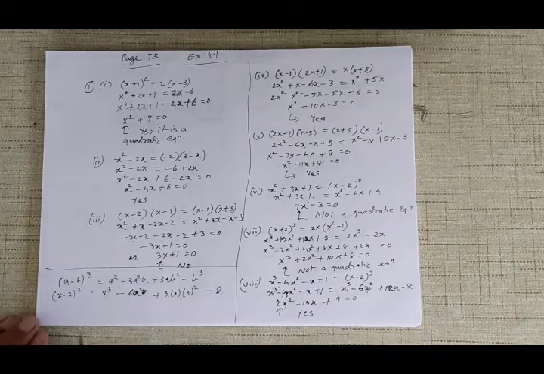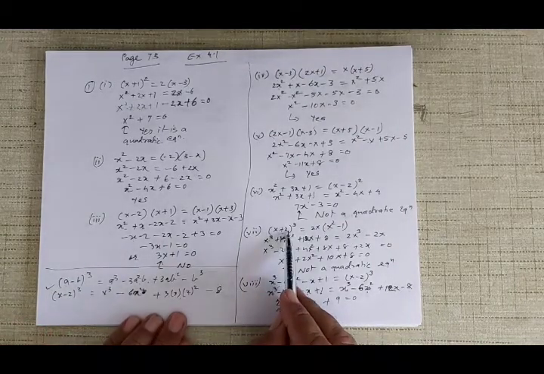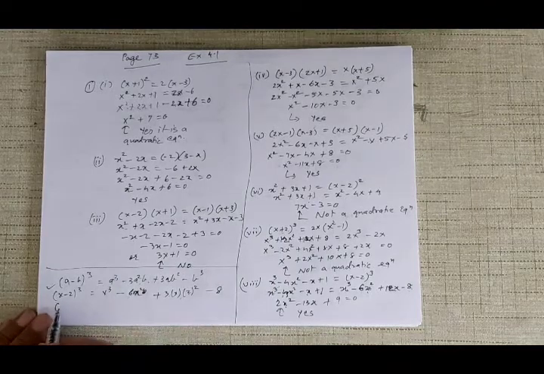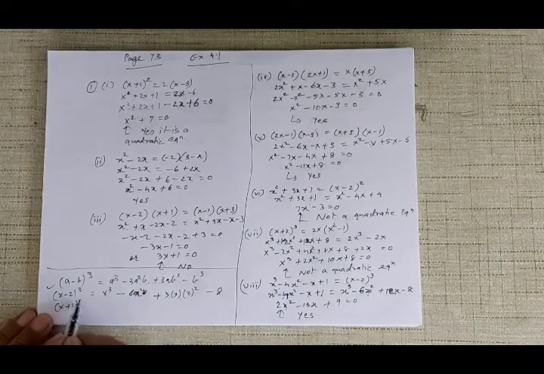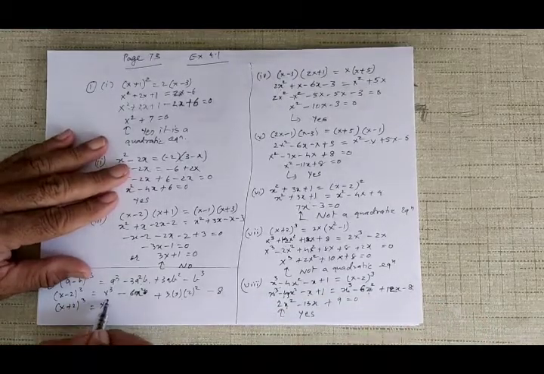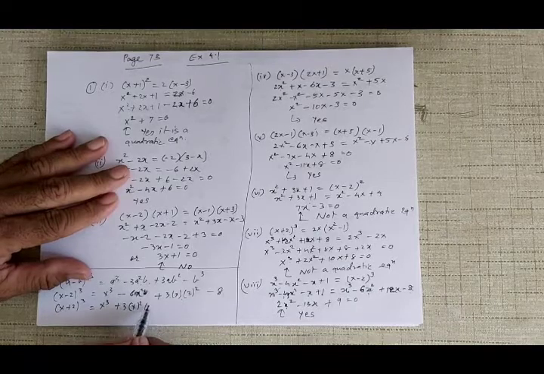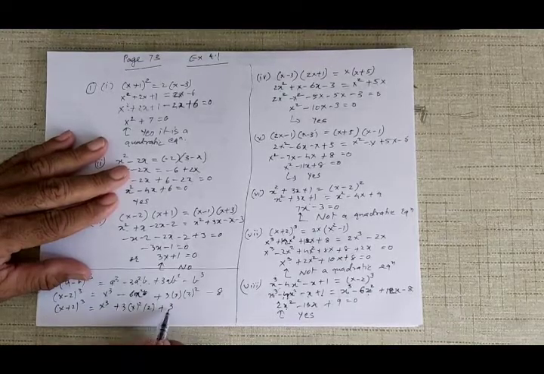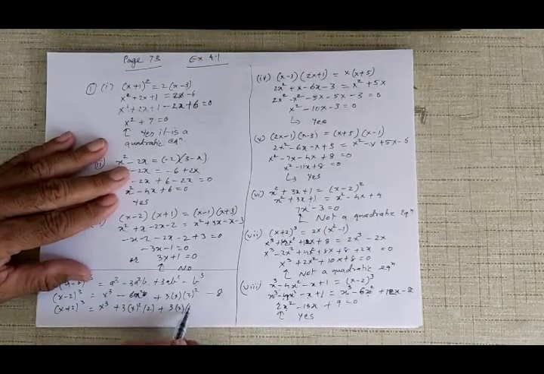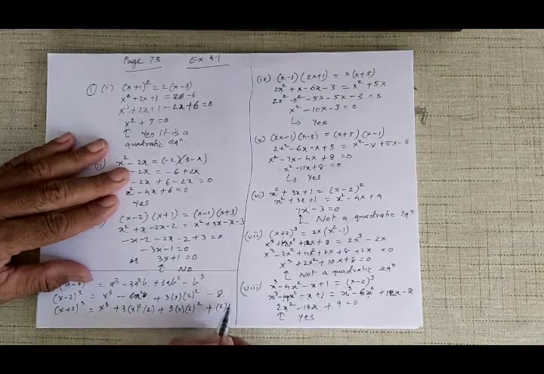So once again, just be careful with the expansion of a cube plus or minus b cube. I want to just show it here: x plus 2 whole cube will be equal to what? x cube plus 3 into x square into 2 plus 3 into x into 2 square plus 2 cube.